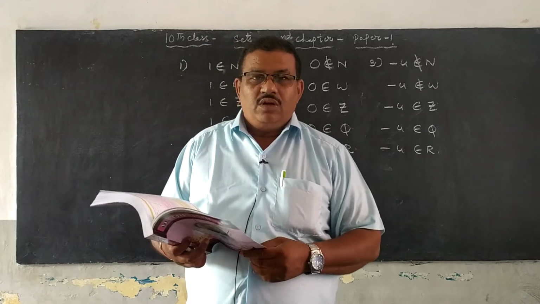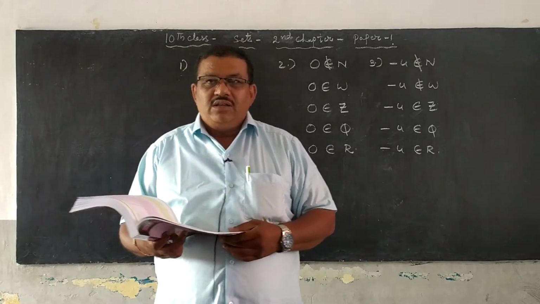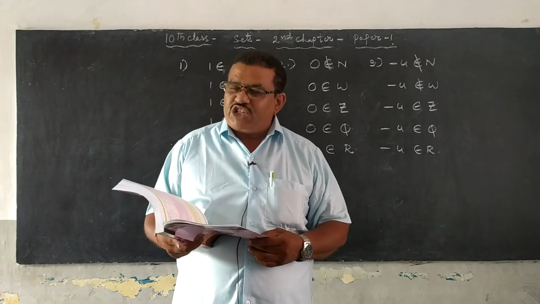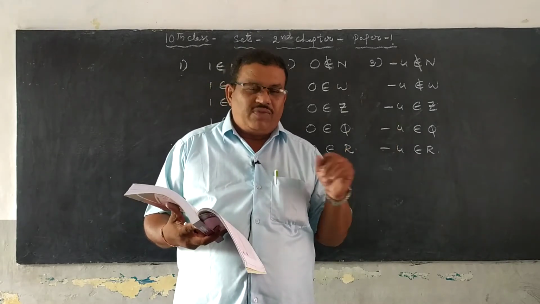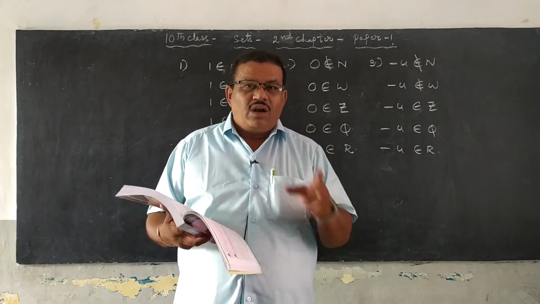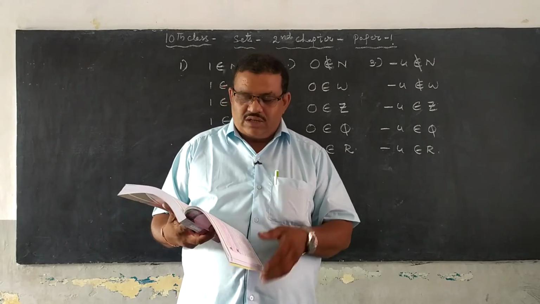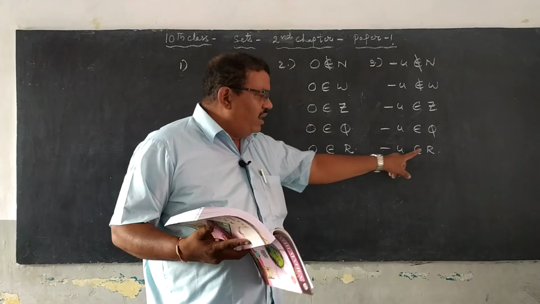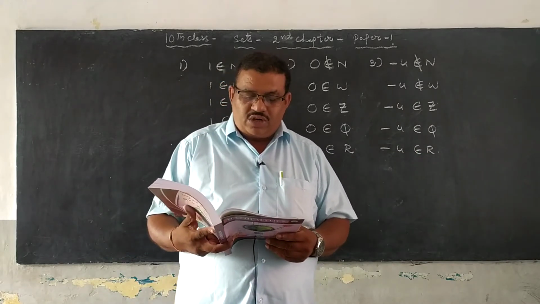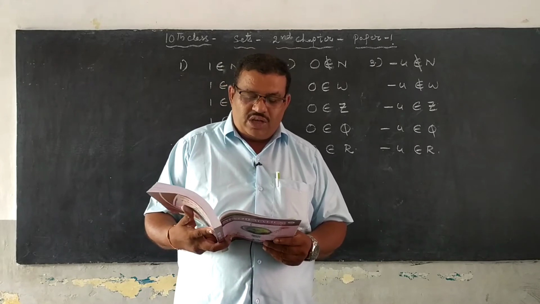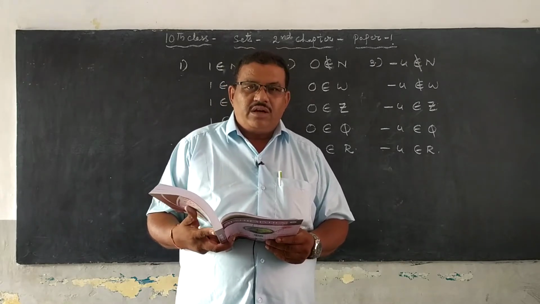Log 2. Is log 2 rational or irrational? Clearly you know that we already proved it in the first exercise. Log 2 is irrational, so it belongs to the set of real numbers only. 0.03. 0.03 is a terminating decimal.